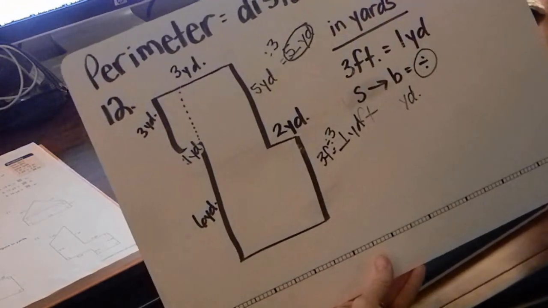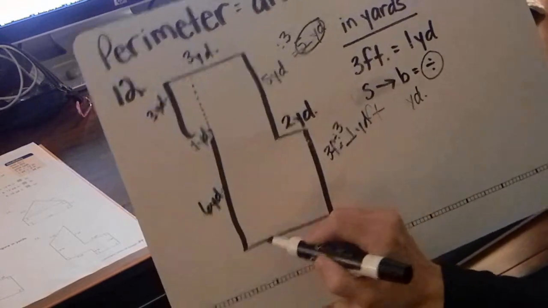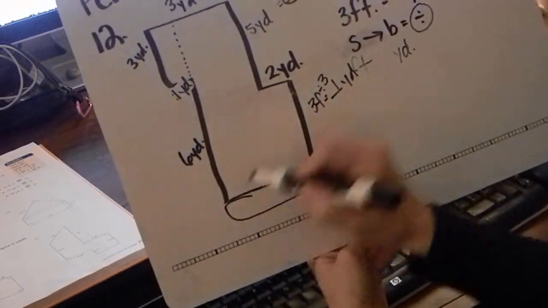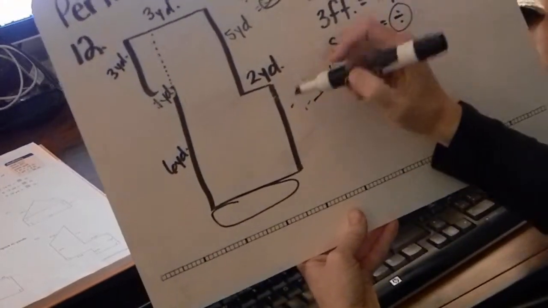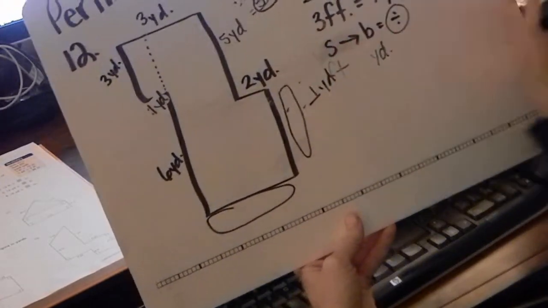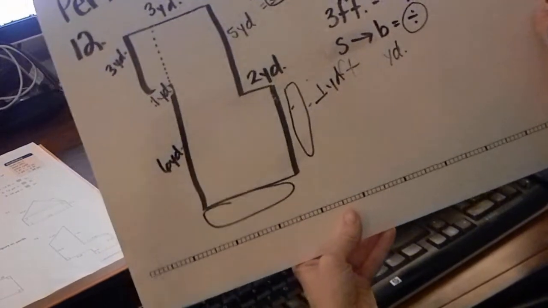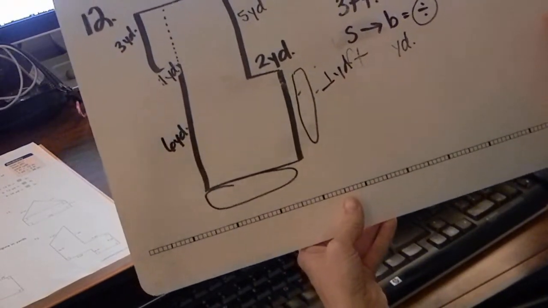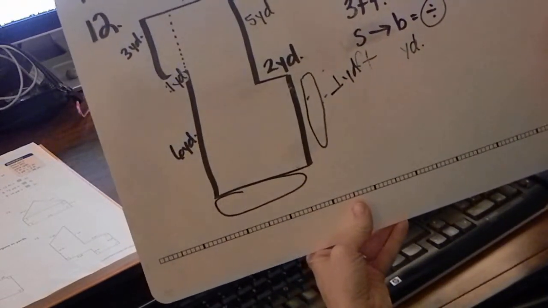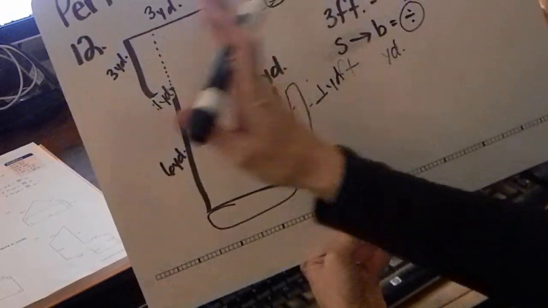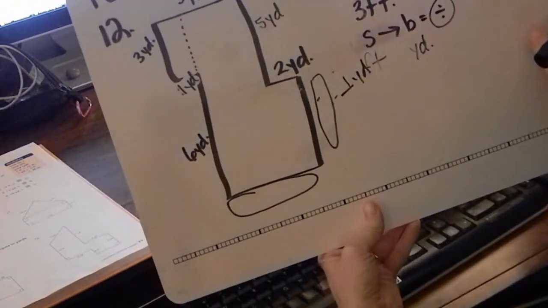We have some missing measurements. We need to get this side and this side. Let's use what we know about parallelograms to help us find those. We know that the opposite sides of a parallelogram have equal measure.